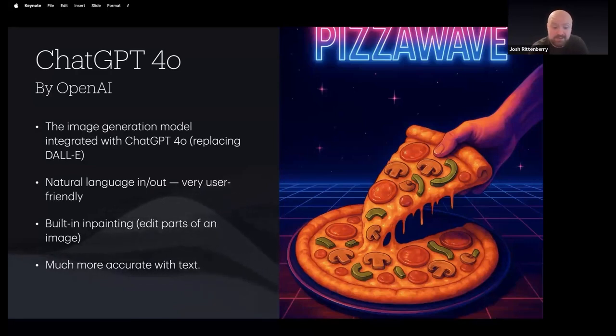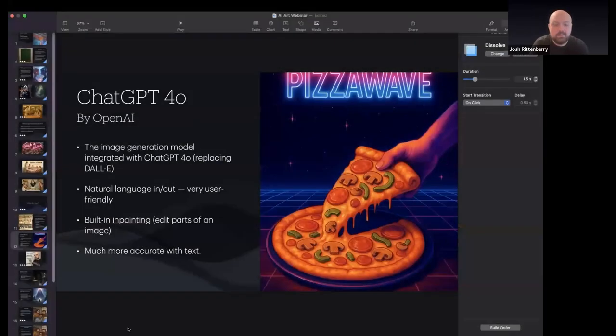So if you tell ChatGPT to generate an image of whatever you want, it will do that. And the cool part is that it has a built-in editor. So here we are going to show that off.